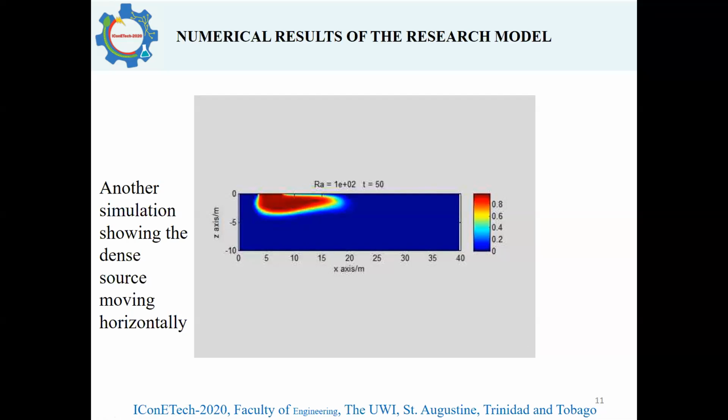If you remember the diagram shown above, as the oil enters the water, it becomes suspended, shown by the red concentration there, and it's moving horizontally.